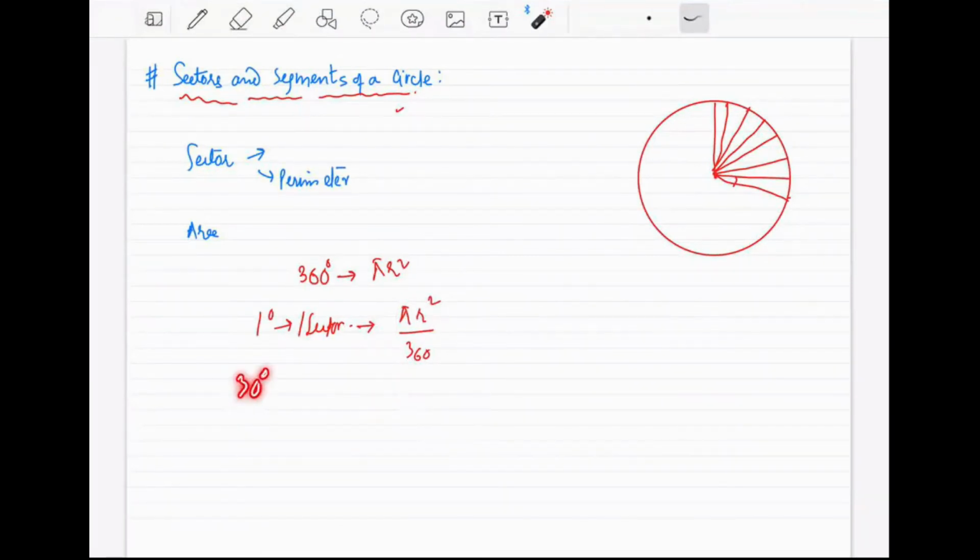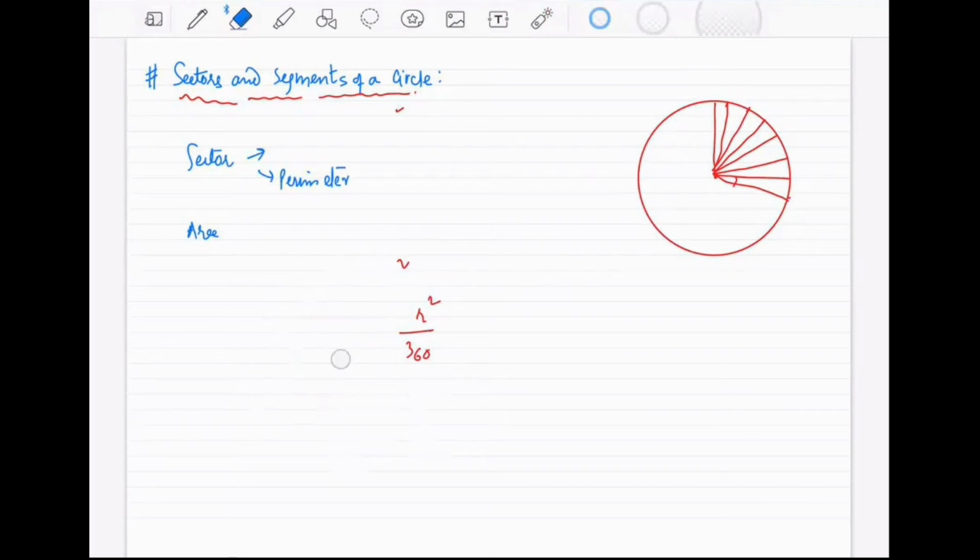If we have 30 degrees, then we will have 30 sectors, and it will be multiplied by 30. So for a sector having angle theta, the area will be pi r square by 360 multiplied by theta.